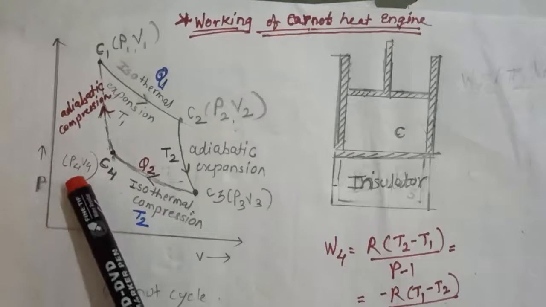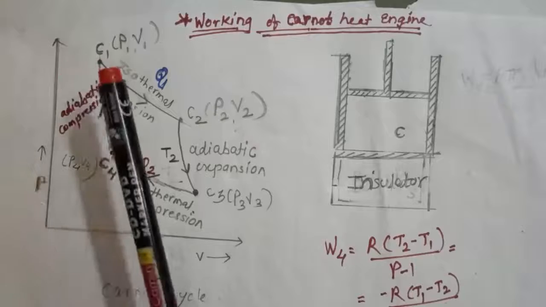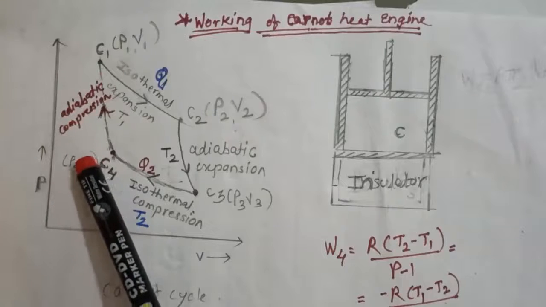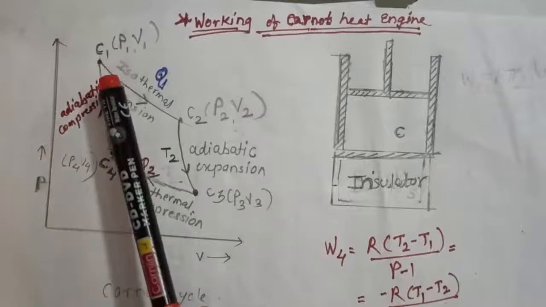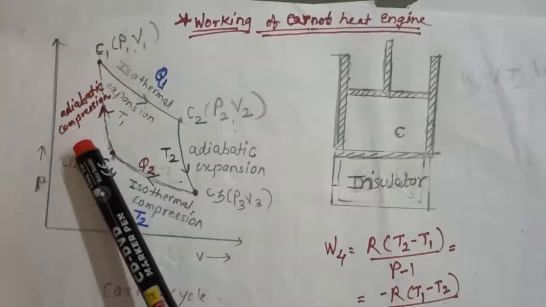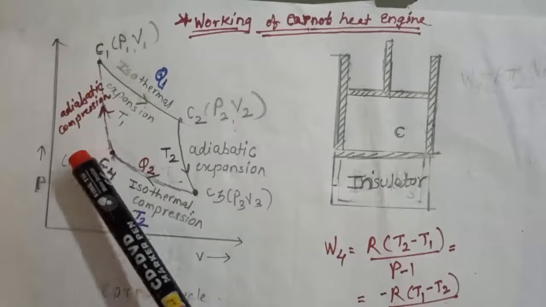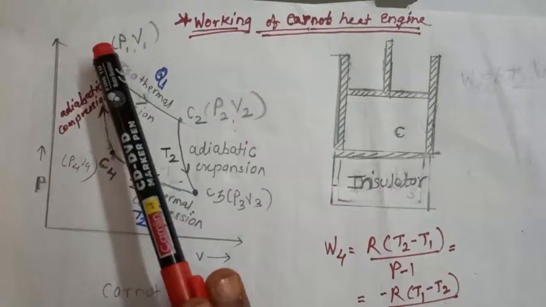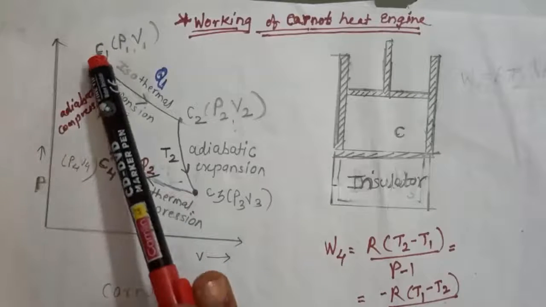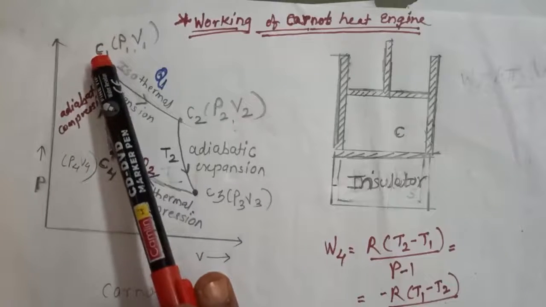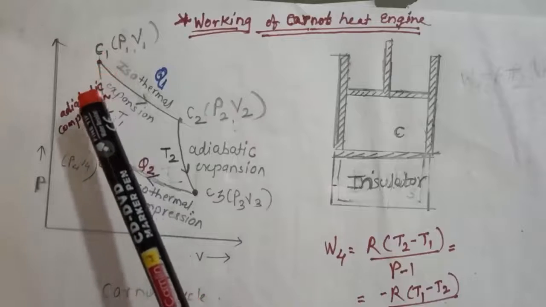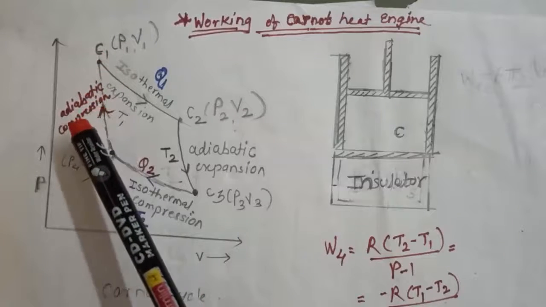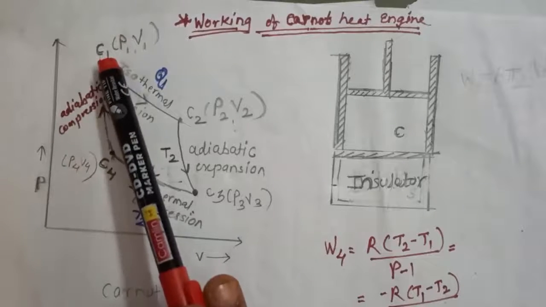The pressure changes P4 to P1, volume changes V4 to V1. Temperature during the adiabatic compression changes from T2 to T1. Temperature increases from C4 to C1.